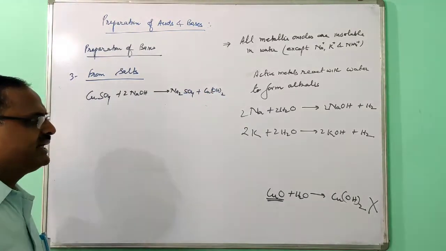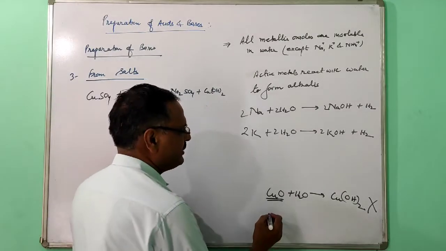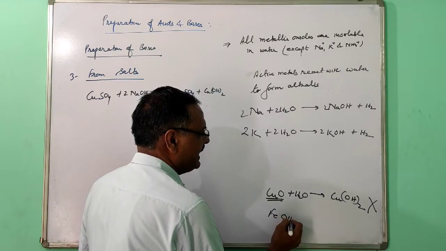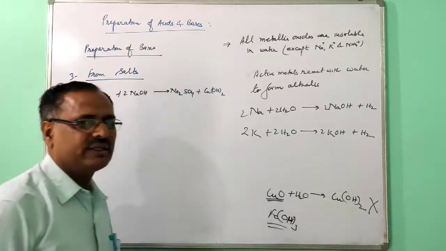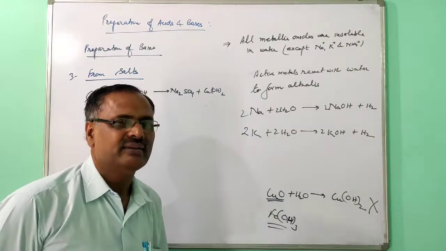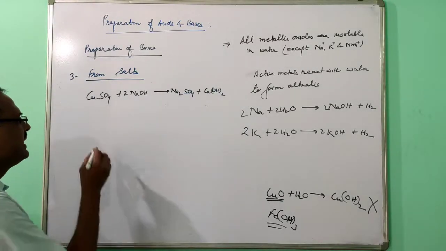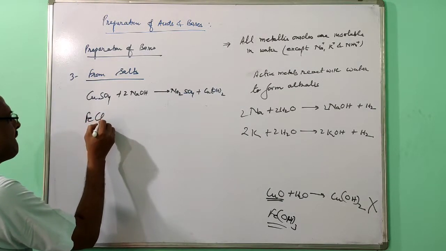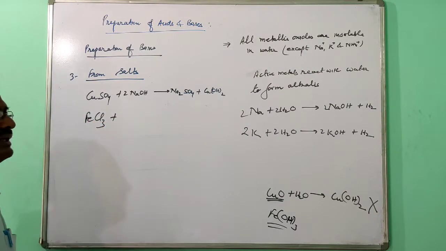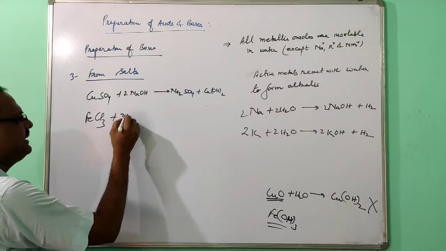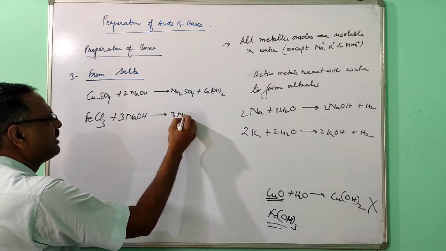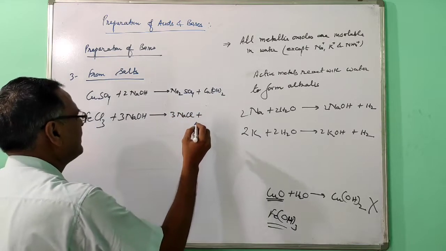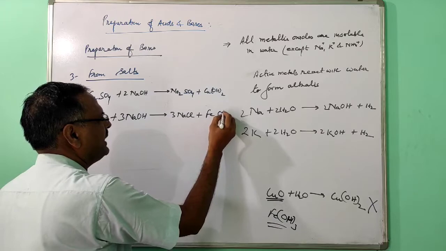In the same way, if your objective is to prepare ferric hydroxide, take a soluble salt of ferric ion. The soluble salt of ferric ion is ferric chloride. This ferric chloride solution reacts with strong alkali, sodium hydroxide, to form sodium chloride and ferric hydroxide.